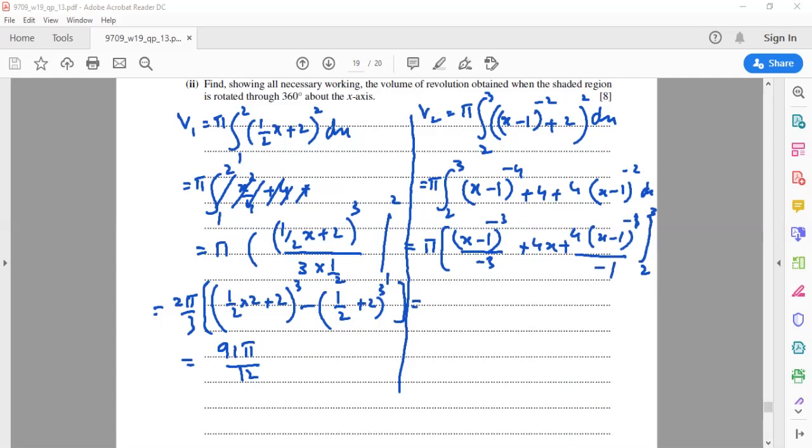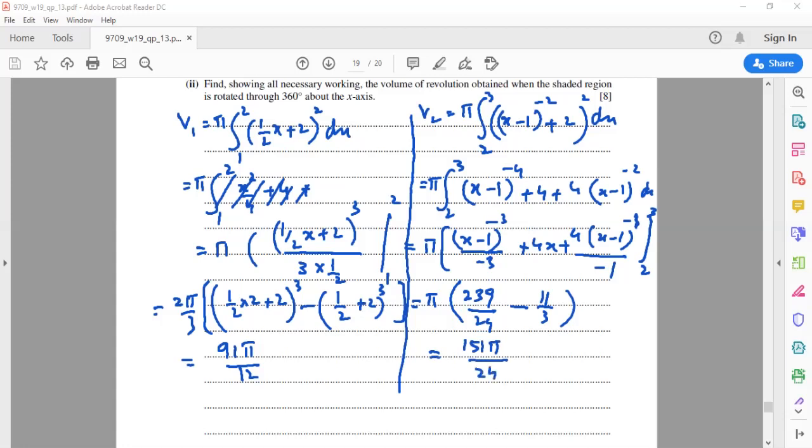Now, just by placing the values x equals 3 and x equals 2 in this, after simplification we get pi times (239 over 24 minus 11 by 3), which gives us 151 pi over 24.